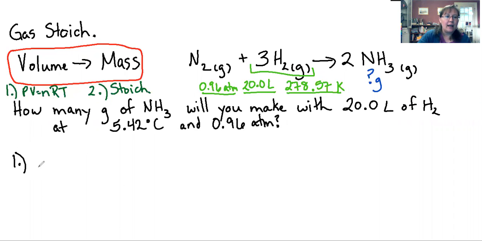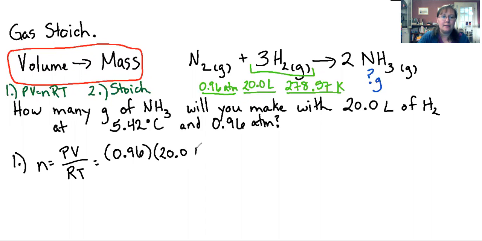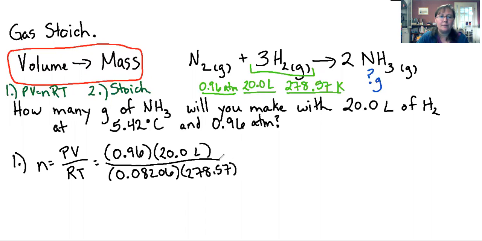So in this case, we'll have n equal to PV over RT, and our pressure is 0.96 atmospheres, and our volume is 20 liters. And R is our ideal gas constant, 0.08206, and our temperature is 278.57.